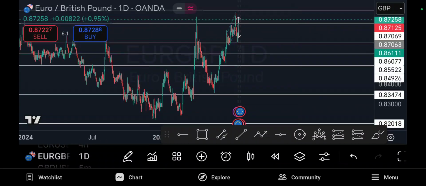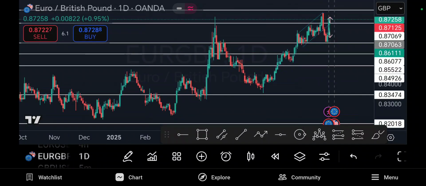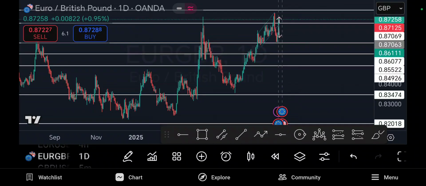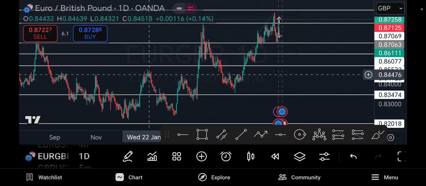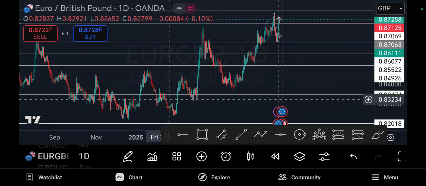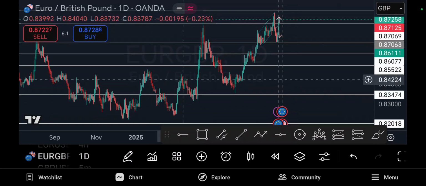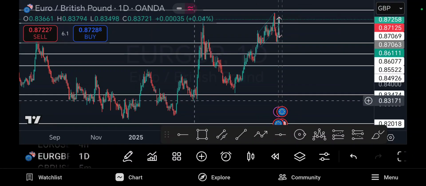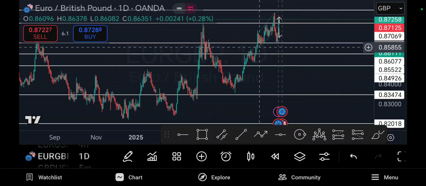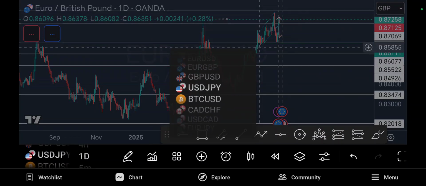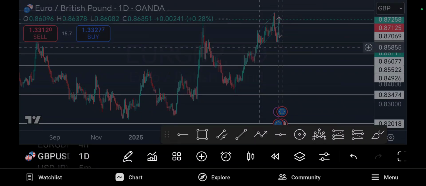But if you were to catch these moves, buy here, exit there, sell, exit there, buy, exit, sell, you would have made proper money because it's on the daily already. So let's jump to GBP USD.